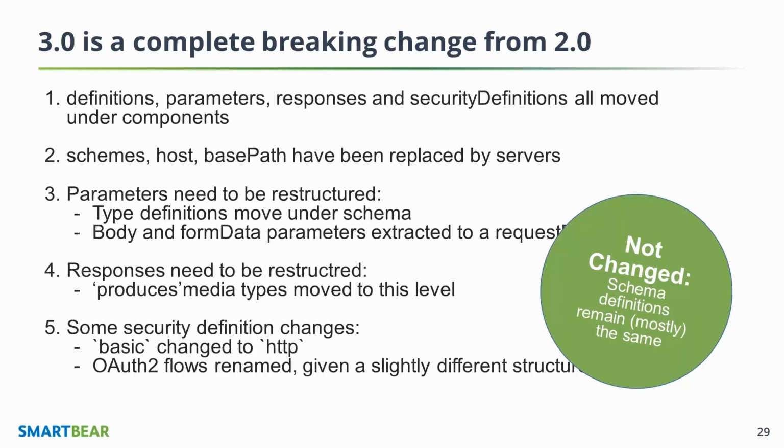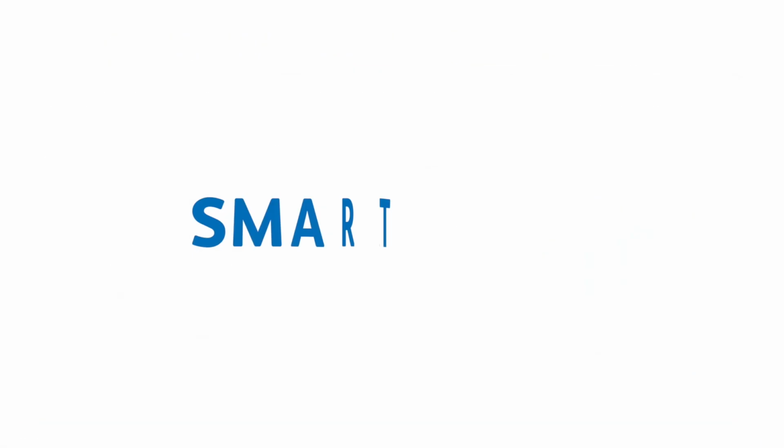So if you had schemas from 2.0, you can pretty much take them as is and use them in 3.0. The only gotcha there is that if you did use the discriminator in 2.0, the structure of that did change in 3.0, so you would have to make changes to that. But beyond that, anything else is just the same.